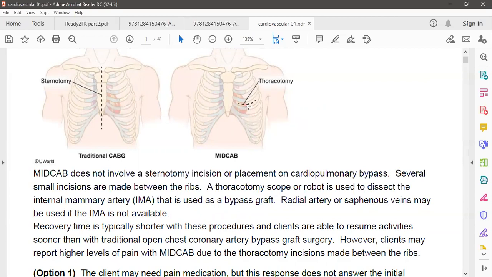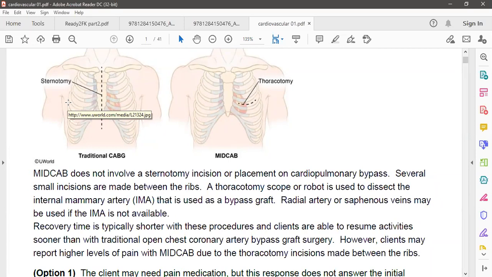But still, the patient feels some pain, right? The radial artery or saphenous vein may be used if the internal mammary artery is not available. Recovery time is typically shorter with this procedure, and the client is able to resume activities sooner than with the traditional open chest coronary artery bypass grafting.